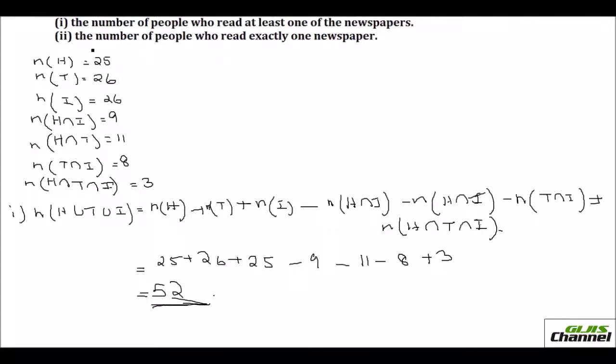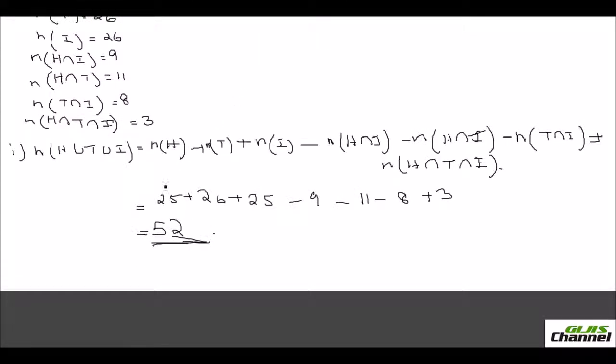The second one is the number of people who read exactly one newspaper. So in this 52, you have people reading 2 papers also, right? So you have to take away them for the second answer. Find out people who read 2 papers, okay?